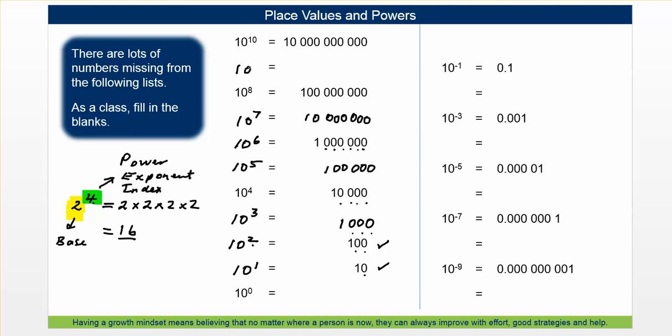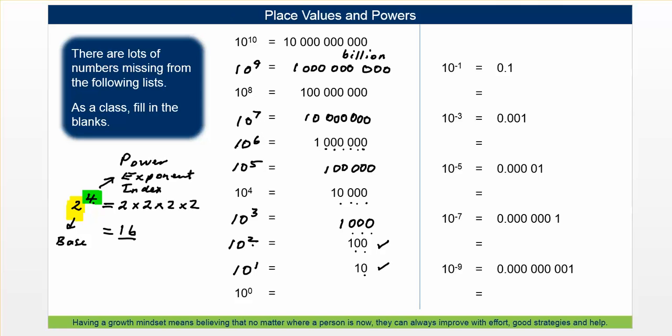And then we go 10 to the power of 9, and we're up to 1 followed by 9 zeros. Do you know what the name of that is? That's called a billion. Okay, that's enough of that.